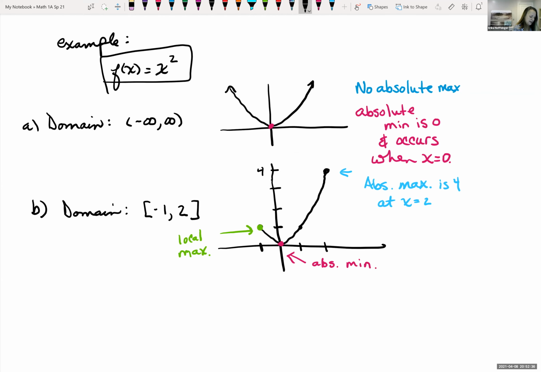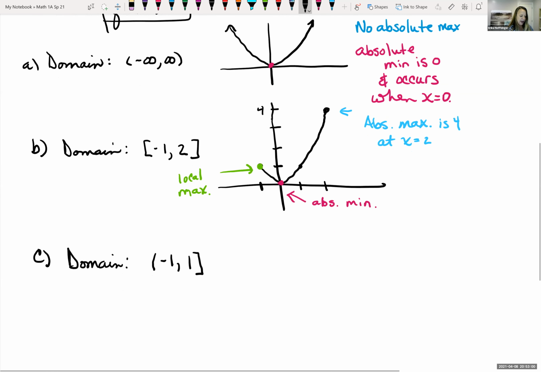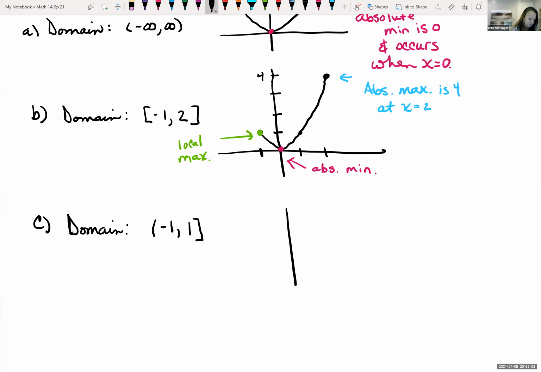Let's say that domain I gave you, same function, instead of being a closed interval, maybe we have it open. So maybe it's open at -1 and then closed at 1. If I drew that function and I wanted to know where my absolute max and absolute min are, notice that -1 is an open circle because it's not included when I have that parenthesis.